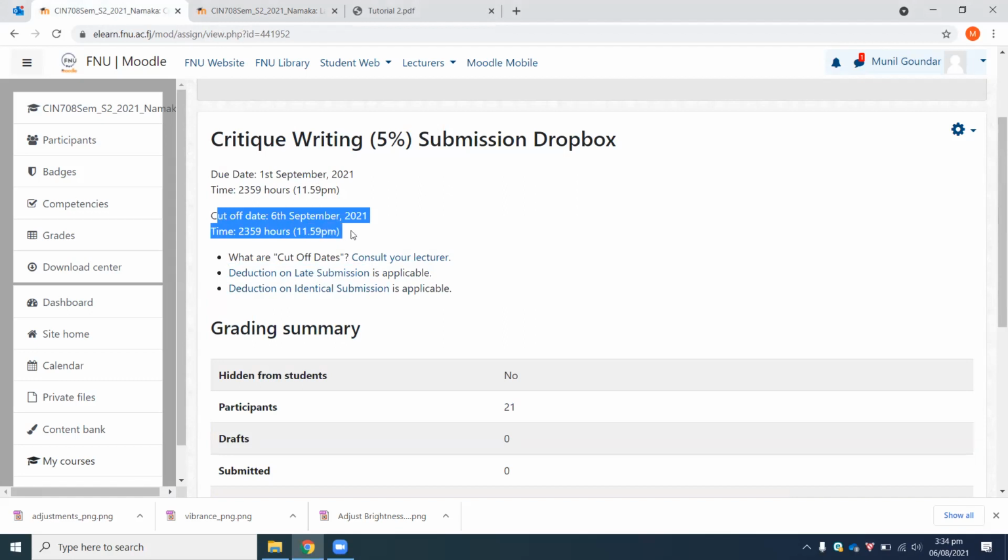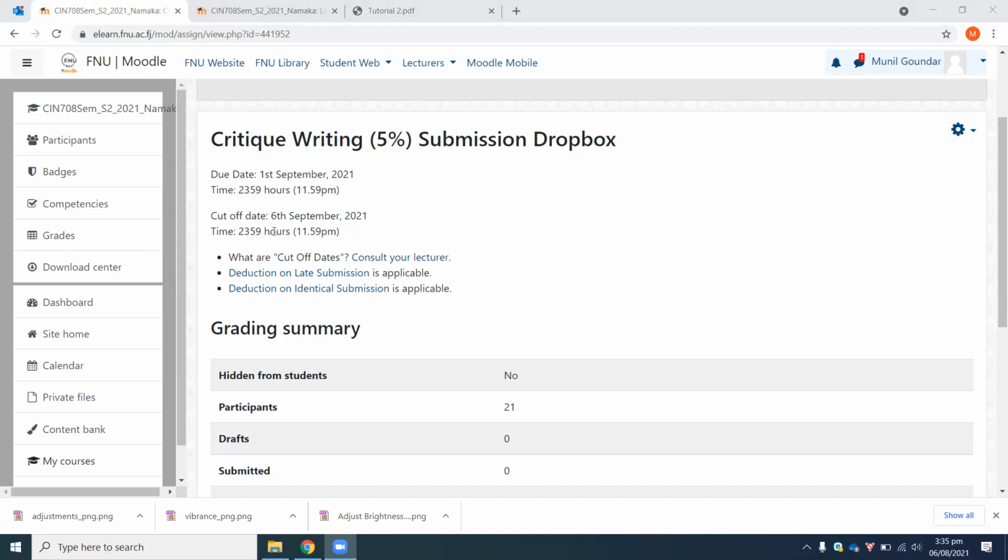Now, what is the cutoff date? You still have time to submit on the 2nd, 3rd, 4th, 5th, and 6th. On the 6th of September, 11:59 p.m., that is the final date that you are allowed to submit your assessments with deduction.